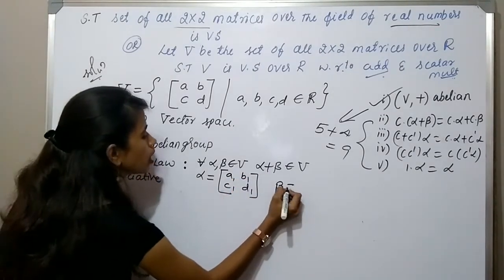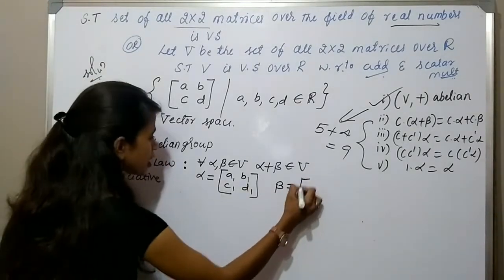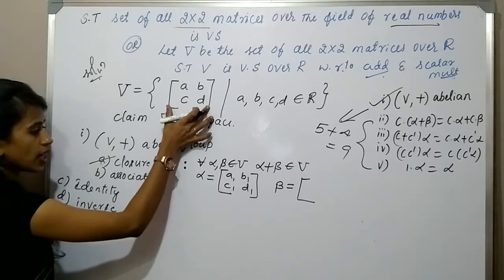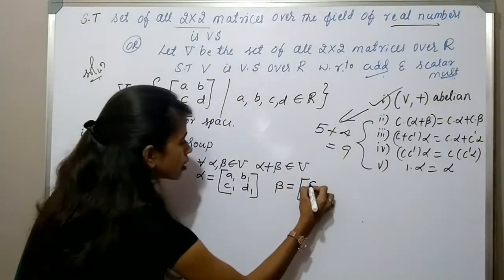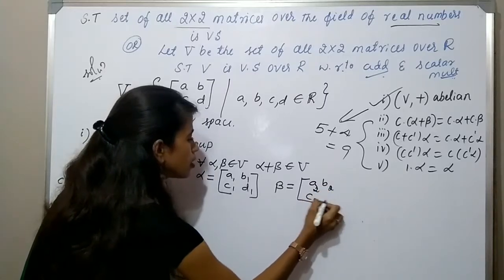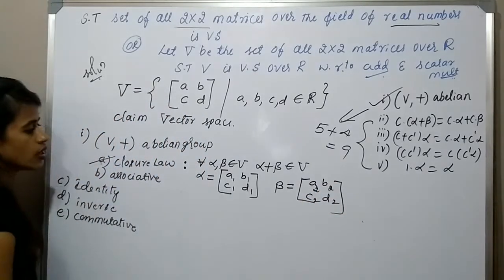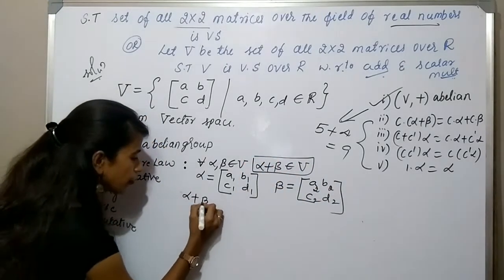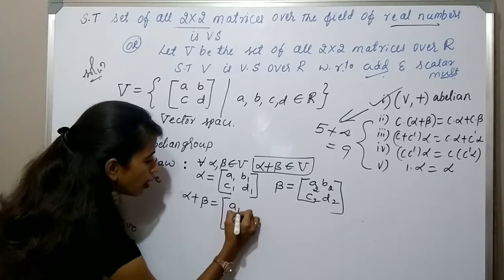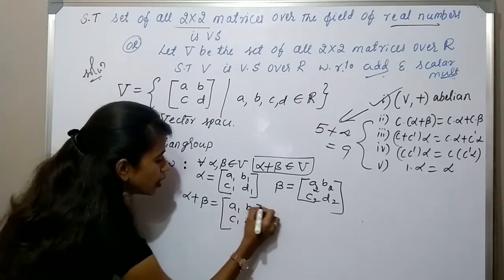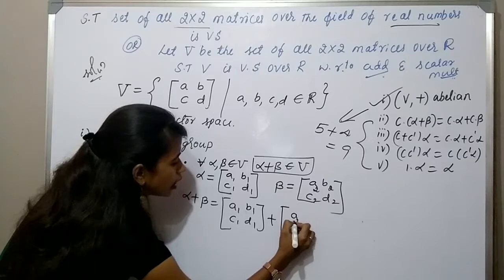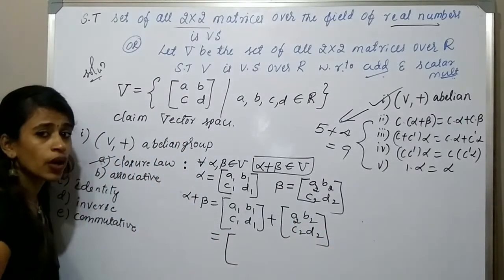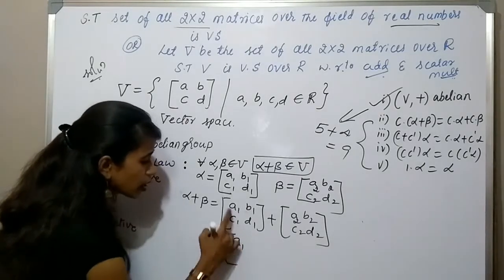And beta also belongs to V, so it is also a 2 by 2 matrix, A2, B2, C2, D2. Now alpha plus beta is the addition of these two matrices.